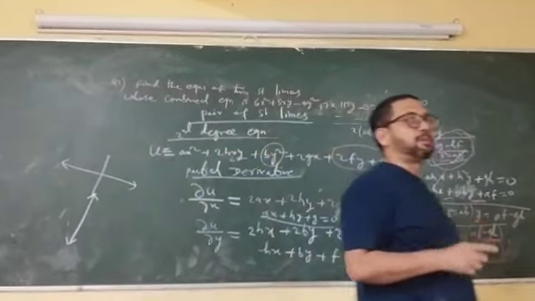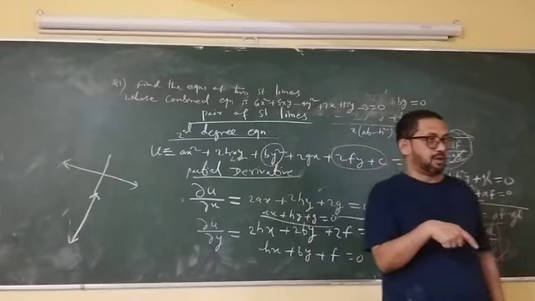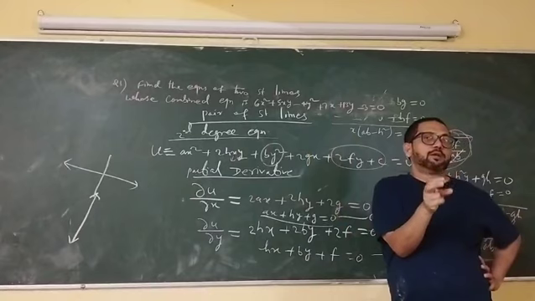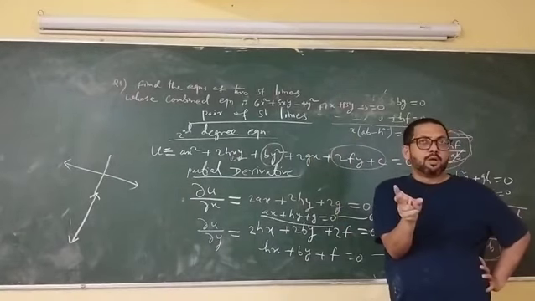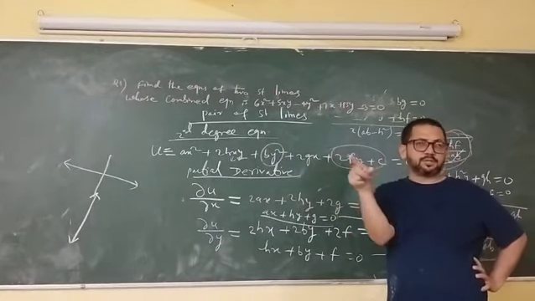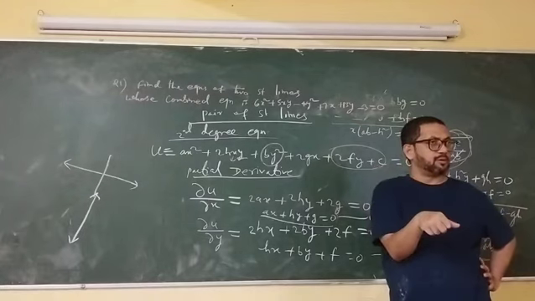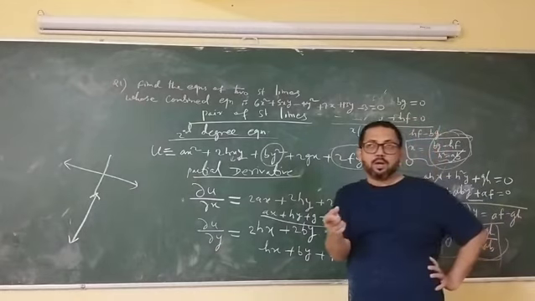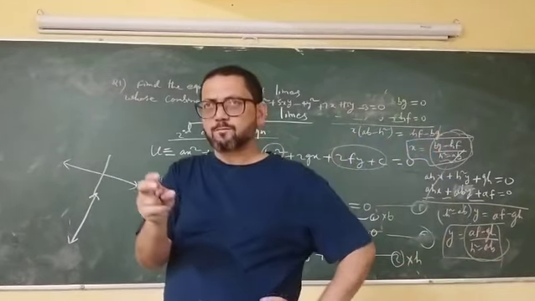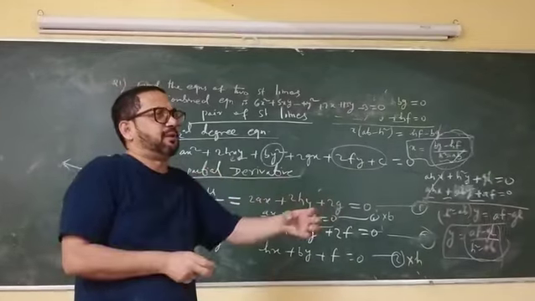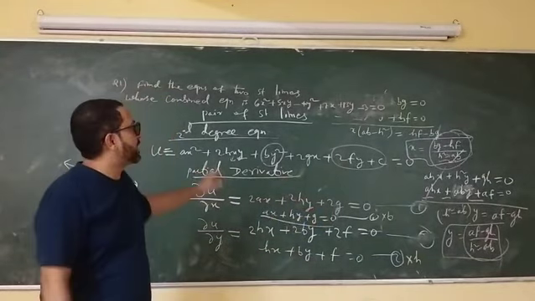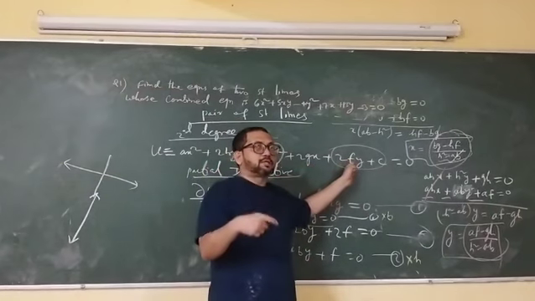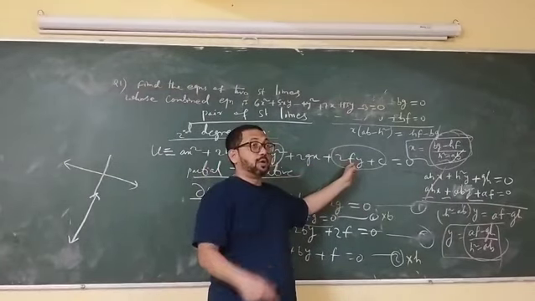So go for the normal method that we did yesterday: take either x or y in terms of a quadratic, and the discriminant should be equal to 0.